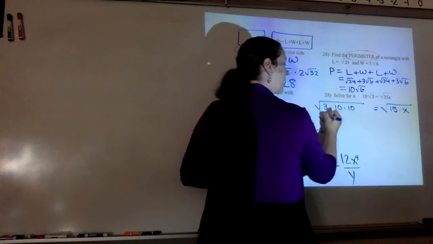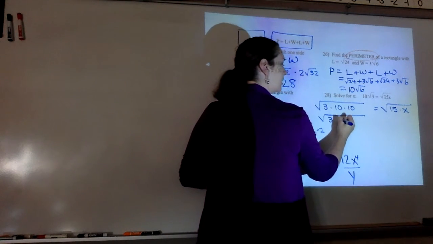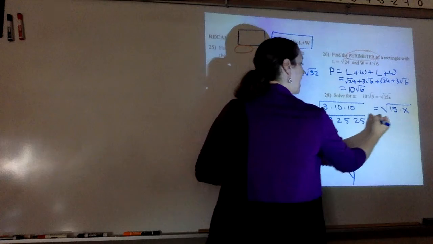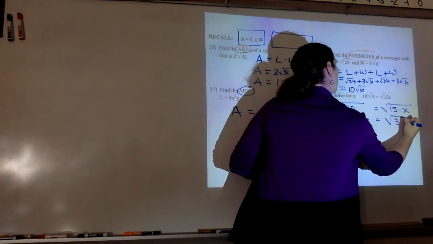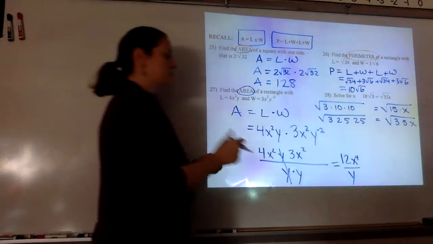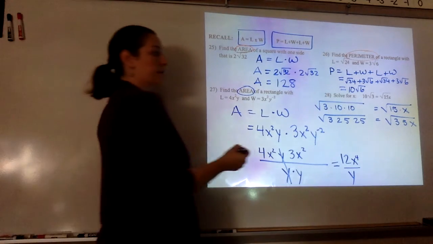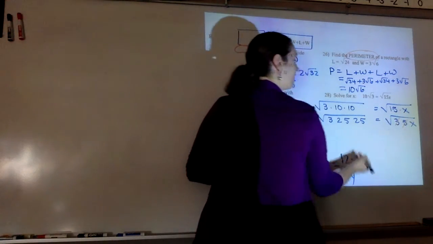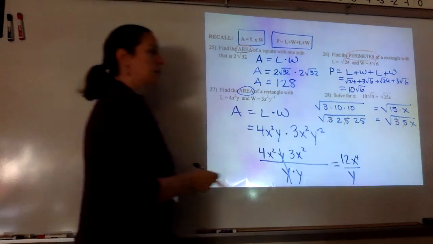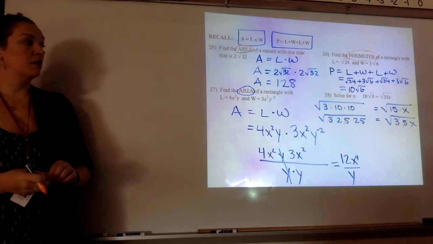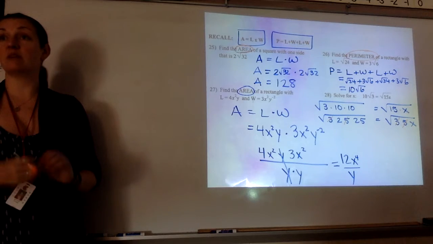Break this down over here. What do I get? 3, 2, 5, 2, 5. 3, 5, and X. Who cancels? That's 20. 3 and a 5. Is that 3, 25, 25, or is that 3 times 2 times 5 times 2 times 5?